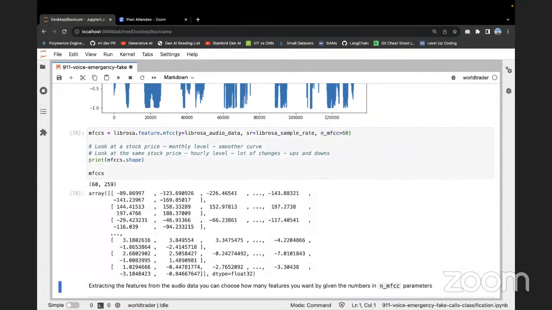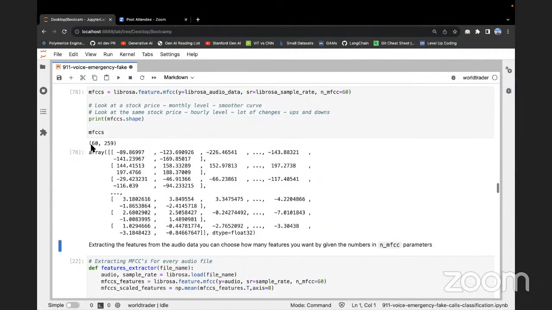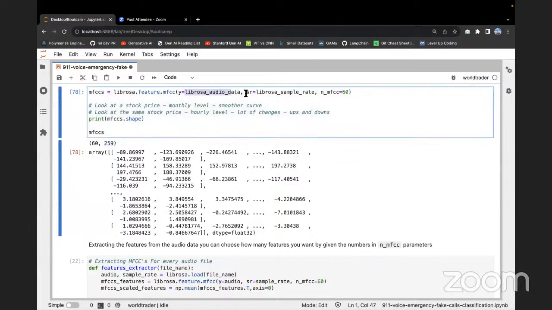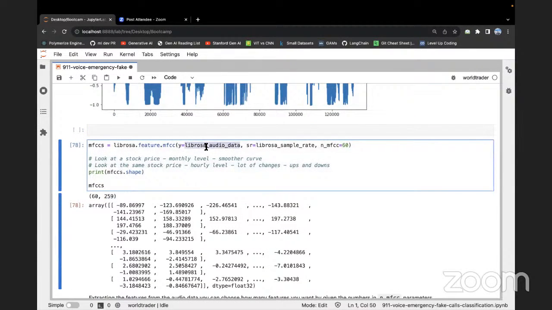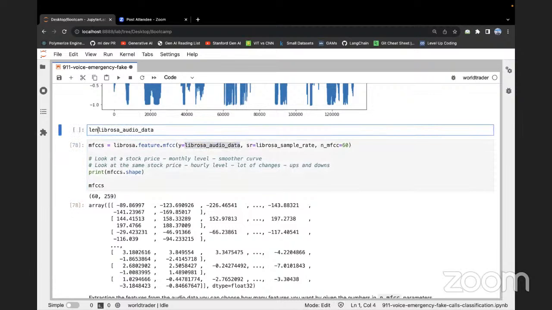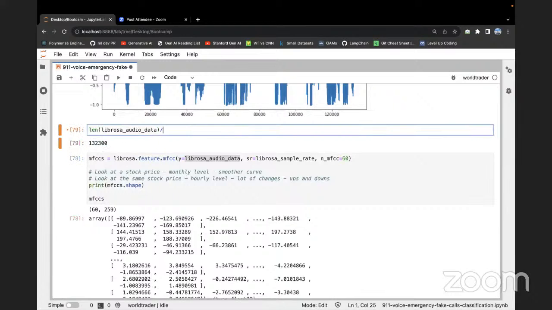Okay, so I apply this. Now you can see 60, 259. This is for one particular audio data. By the way, guys, if I check the length of this librosa audio data, it gives you this value. If you divide it by 60, you get 2205.